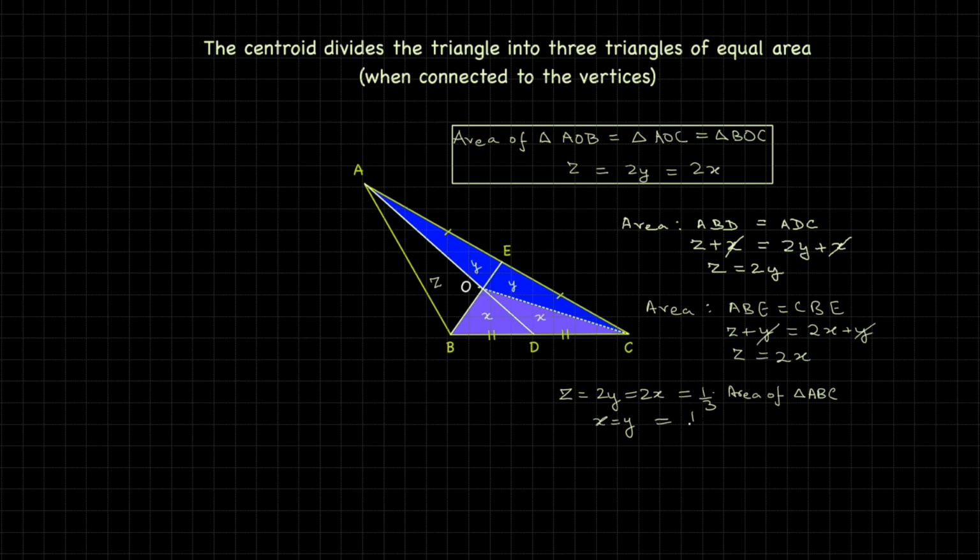And that further means that X and Y are 1/6 of the area of triangle ABC. What we have proven so far is that the point of intersection of any two medians of the triangle creates three triangles of equal area. In the next section, we will use this fact to prove that the third median will also pass through the point of intersection of the other two medians.